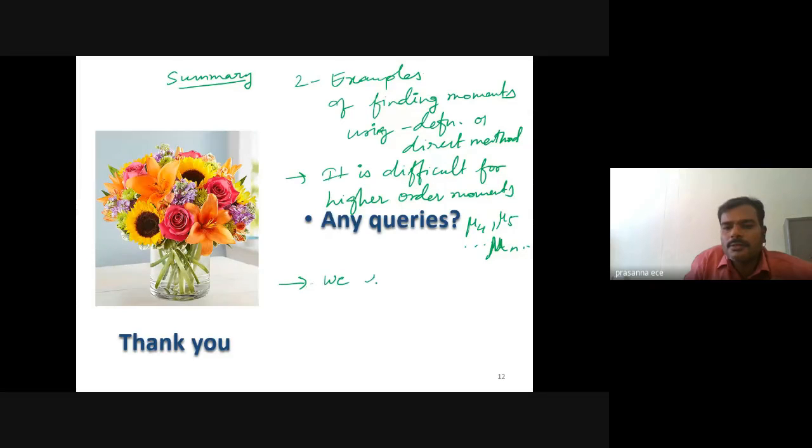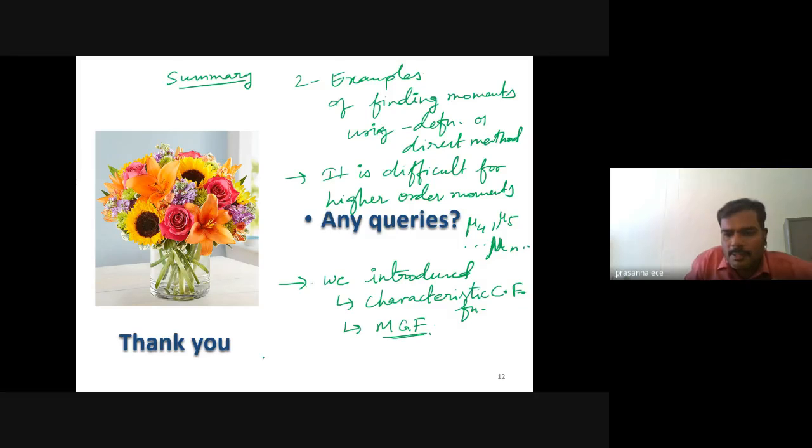So we introduced an easier method using our characteristic functions and moment generating functions, which we write in short form as MGF. So CF or MGF. How do they make our job easy?